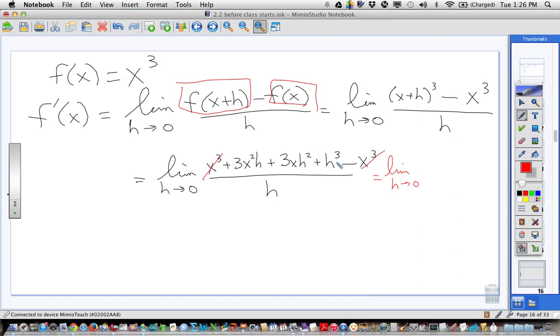Leaving us something on top that can happen, which is take out an h, gives me 3x squared plus 3xh plus h squared. Did I do that right? All over h.